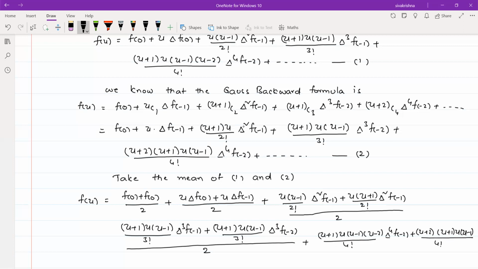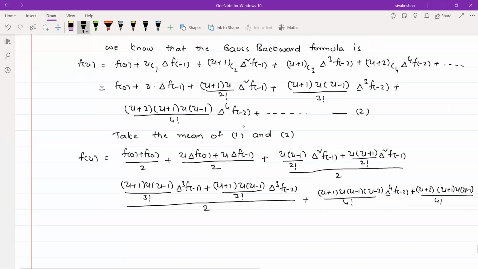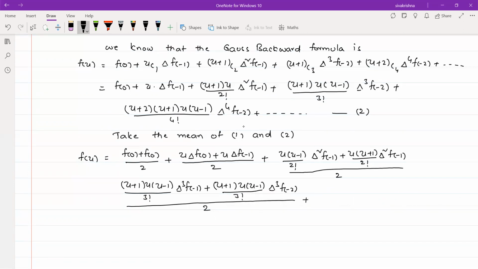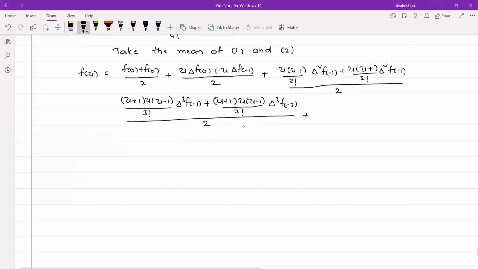Here the term is not visible to you, so I am writing this value downward. We have to write that particular term in the down.